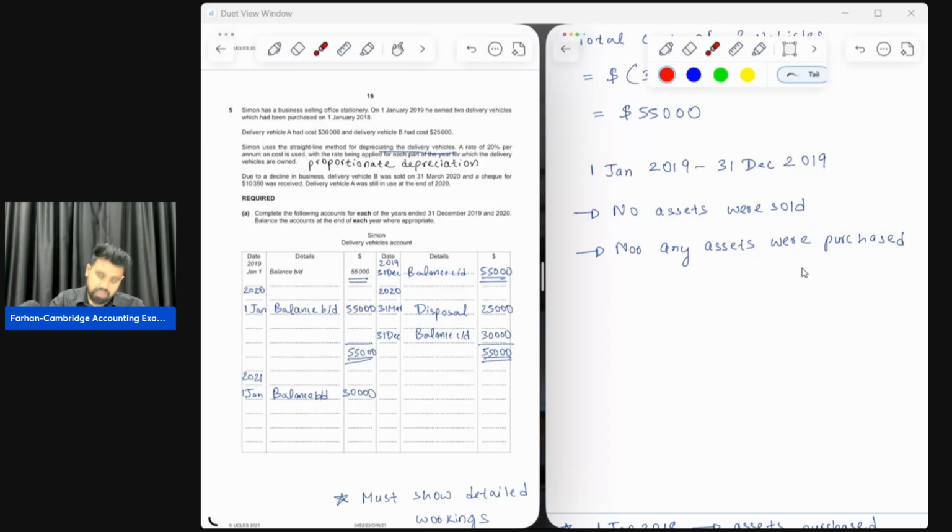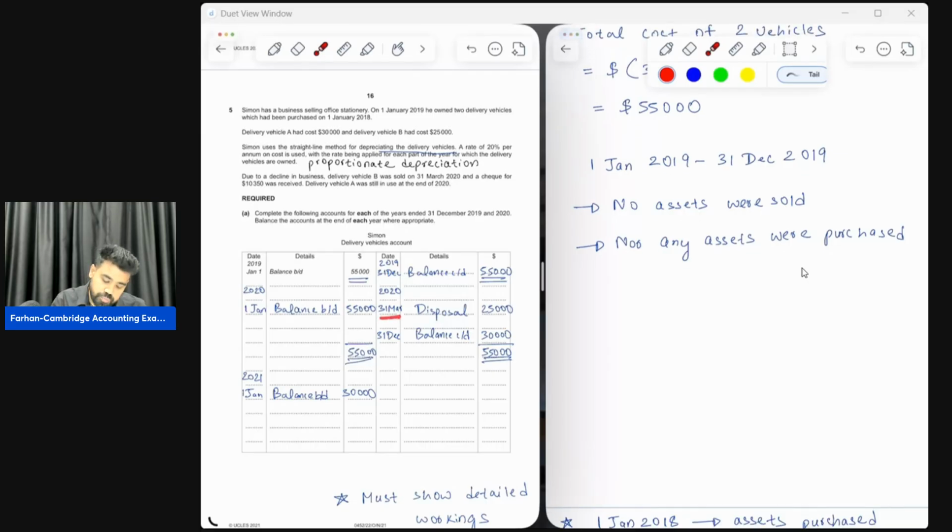Therefore, within this ledger account for assets, we have to reduce our asset account by including this on the credit side. So we can see that at 31st March 2020, we are selling delivery vehicle B for $25,000 with the relevant cross-reference in the details column being the disposal account. So we understand that the asset we sold was $25,000 in original cost.